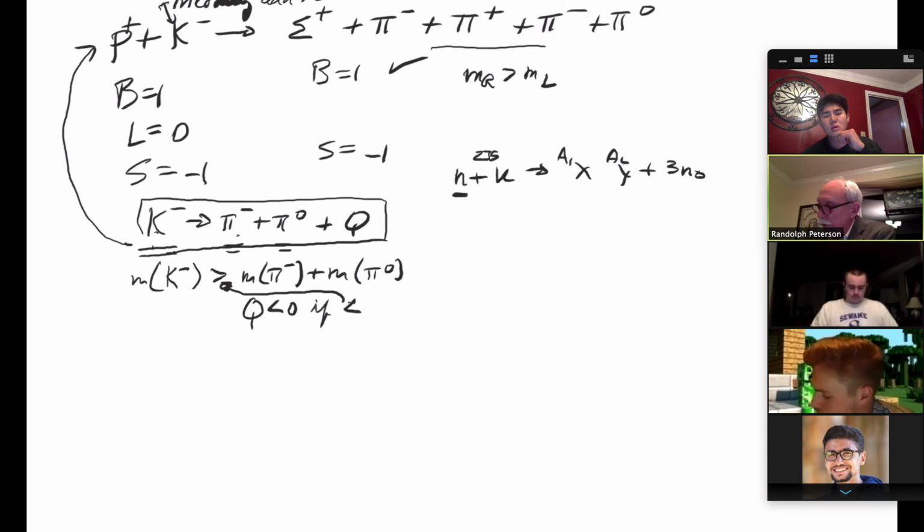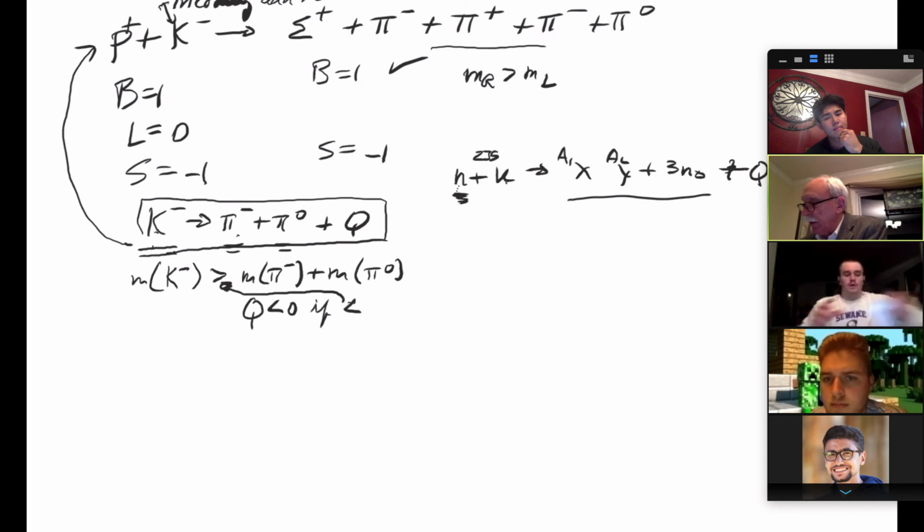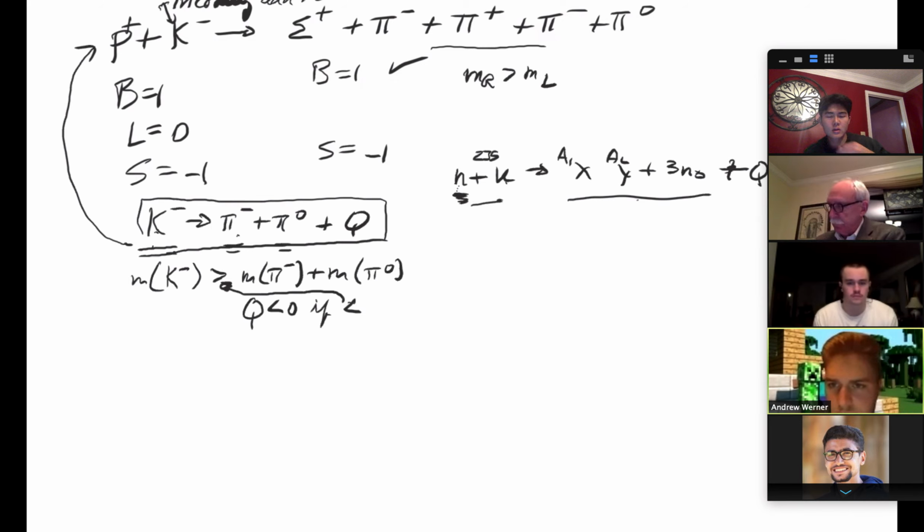And usually these are thermal neutrons, so there's no kinetic energy. So the mass on this side has to be bigger than the mass on that side, so that the sum of the kinetic energies of the products minus what you start with is greater than zero, or it can't happen. Gotcha. That explains it. Thank you.